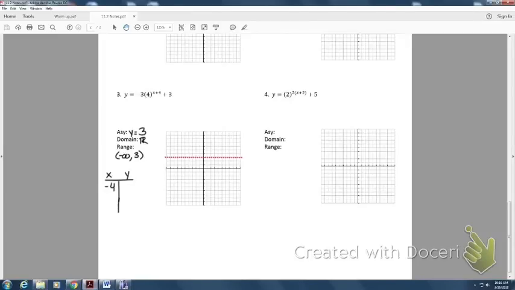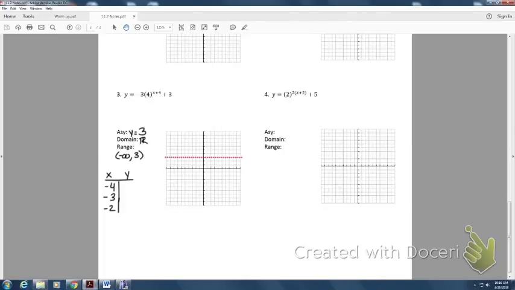Okay. And remember, whenever you figure out, don't overthink the next two. Just count up by 1. If negative 4 gives me an exponent of 0, negative 3 is going to give me an exponent of 1. Negative 2 is going to give me an exponent of 2. If I do not have a b value. Okay. So I plug that in.